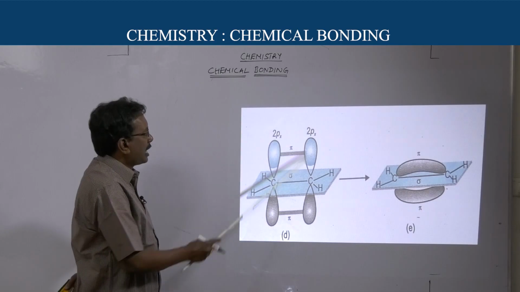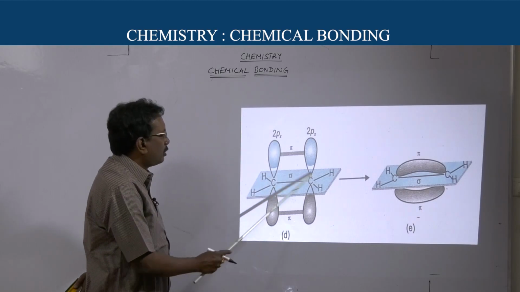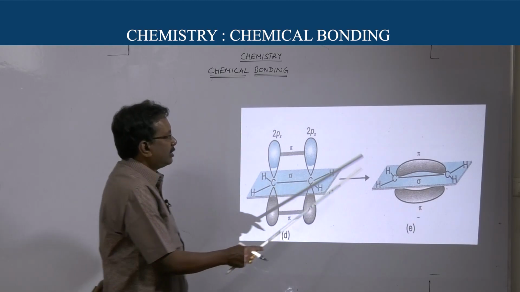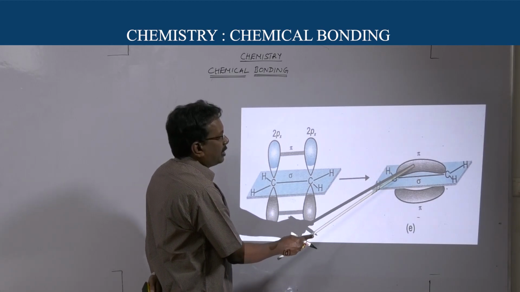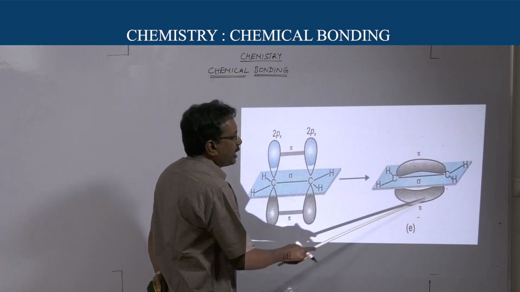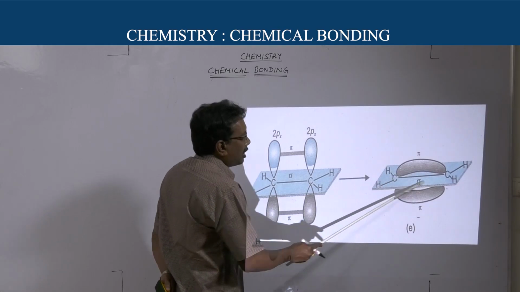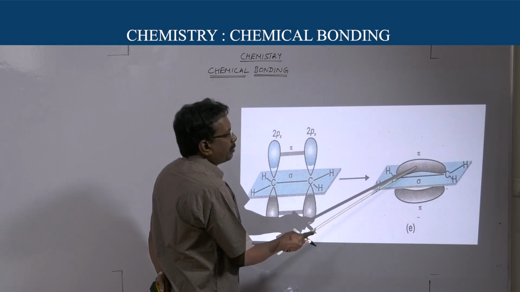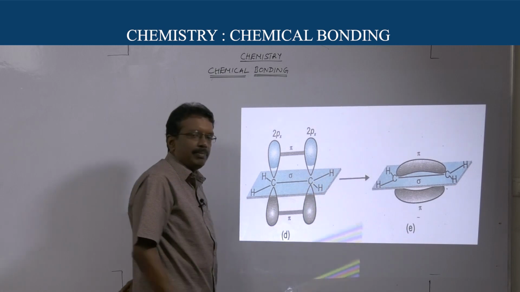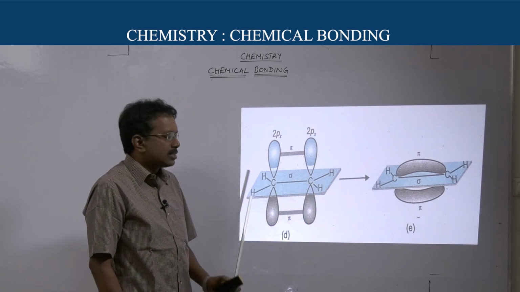So the overlapping is above and below the plane. That is why this region is called the pi electron cloud. This is called the molecular plane of CH2 CH2. Then what is the position of that pi bond? That pi bond is present above and below the molecular plane. So you also have to concentrate on this.